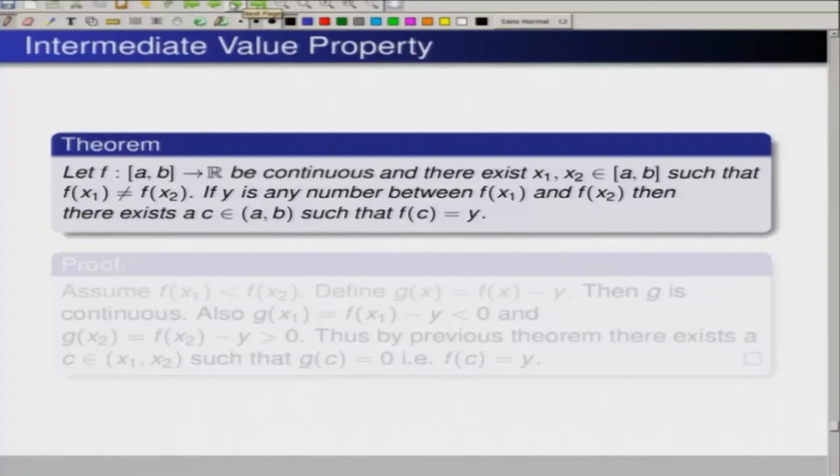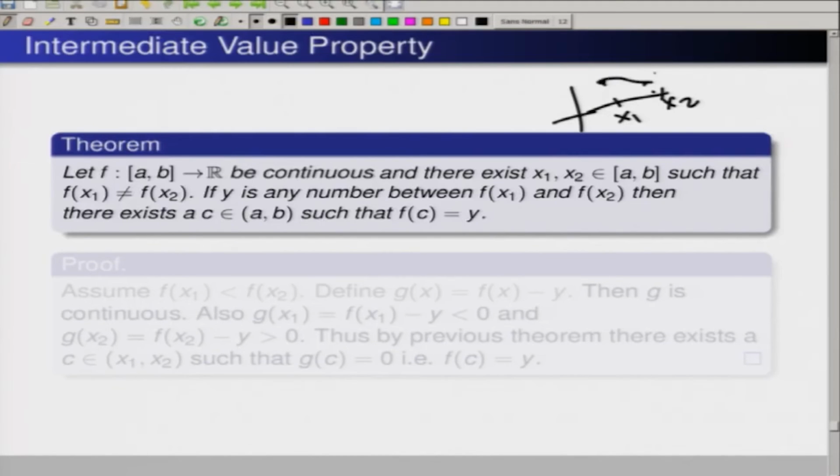So, now it says that if f is a continuous function on a closed interval [a, b], there exist x1 and x2 belonging to [a, b] such that f(x1) is not equal to f(x2), they are different. Then suppose your f(x1) is here and f(x2) is here.